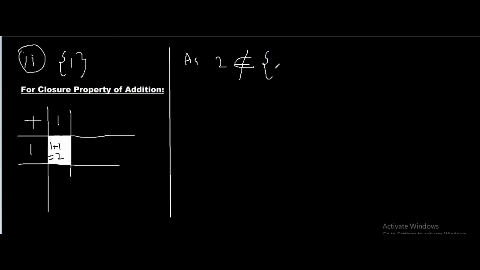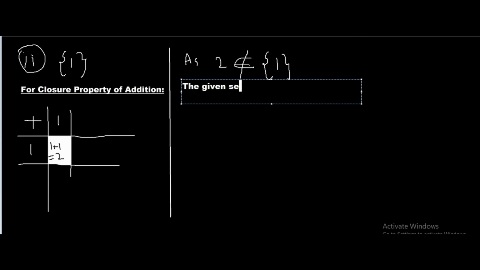What is that given set? This is entry 1. Therefore the given set does not obey the closure property of addition. So this is your first answer of part 2.